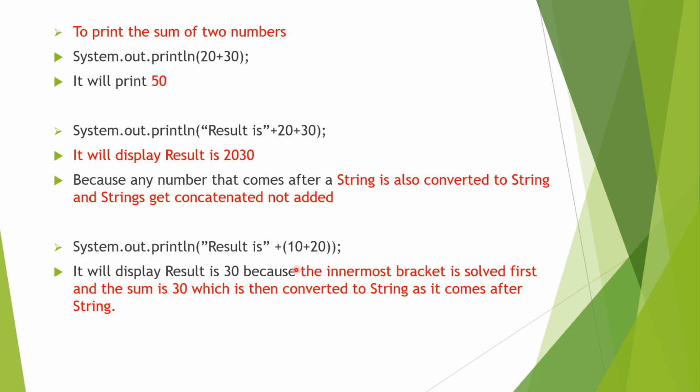This is the difference between this statement and the previous statement. So result is 30 because the innermost bracket is solved first, and the sum is 30, which is then converted to a string as it comes after the string. I hope it is clear.